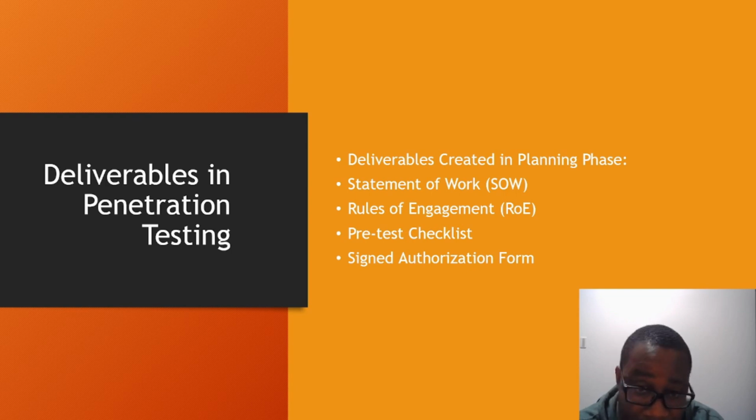Your pre-test checklist, right? You need a checklist to make sure you're on the right steps. And of course, one of the most important things, your signed authorization form, because if you do not have this, you will be going to jail as a pen tester. All right, moving on.